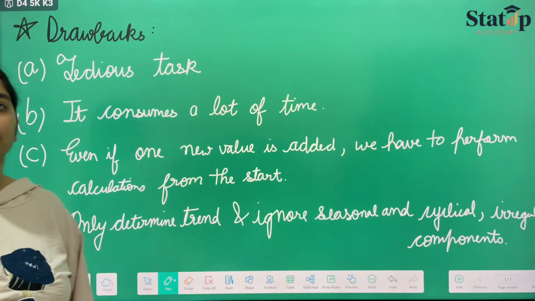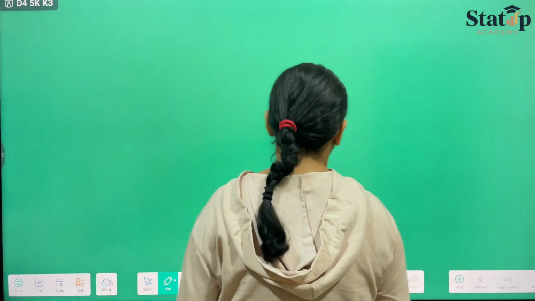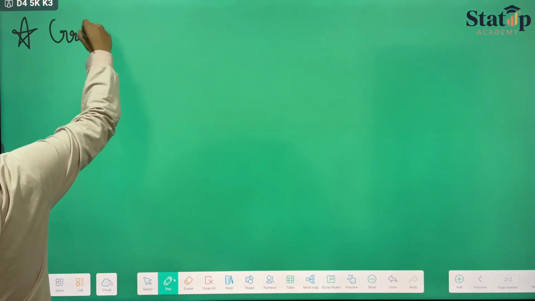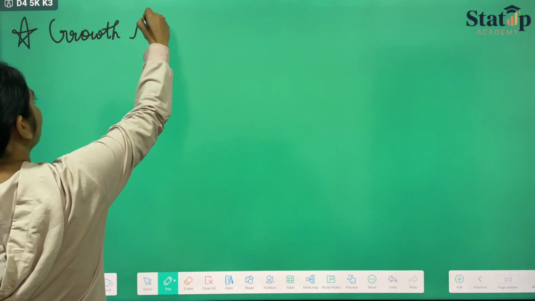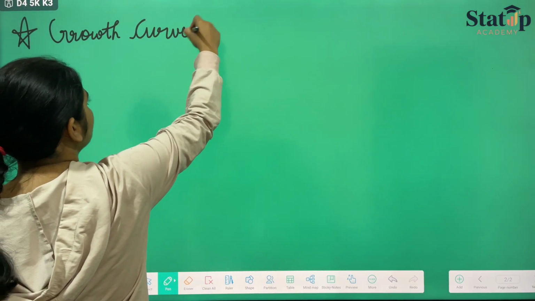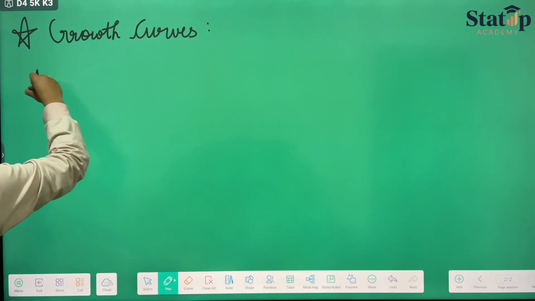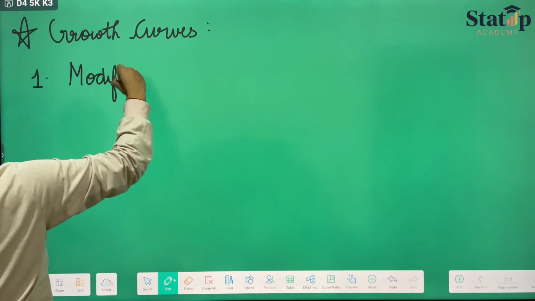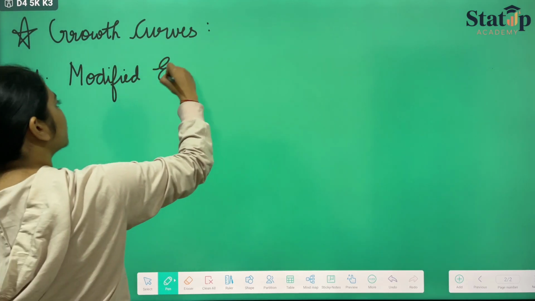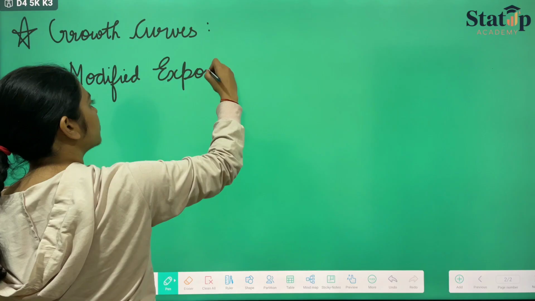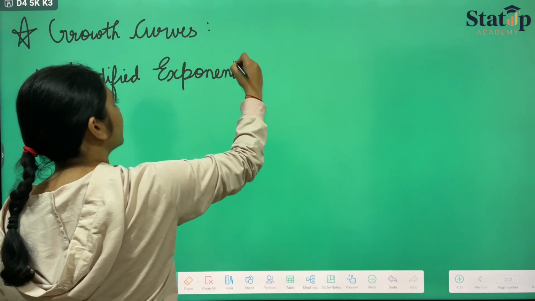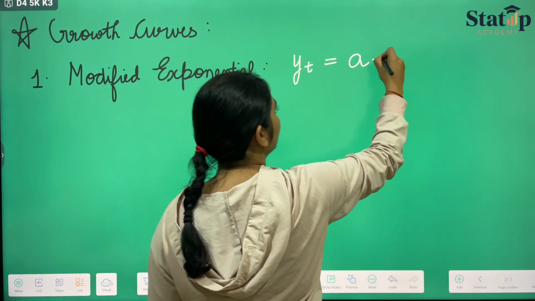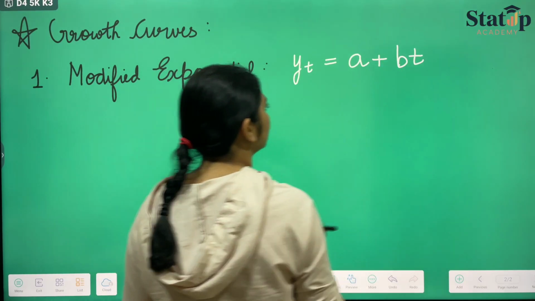Now moving forward with the three growth curves. As we all know, the further three are the growth curves. What were these growth curves? First one was our modified exponential curve, which was given as yt is equal to a plus b c raised to the power t.